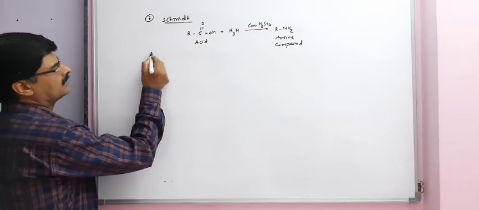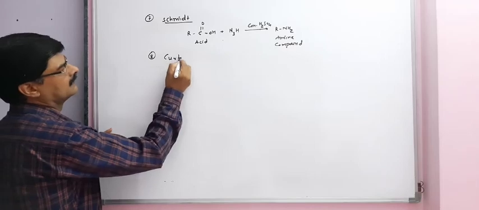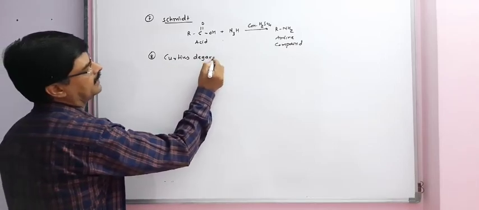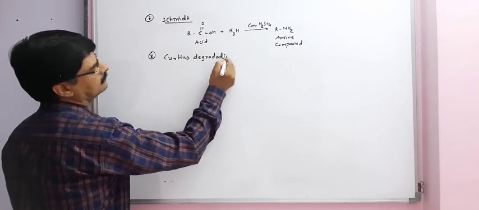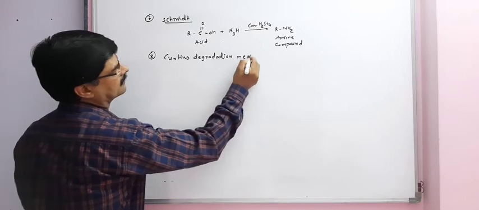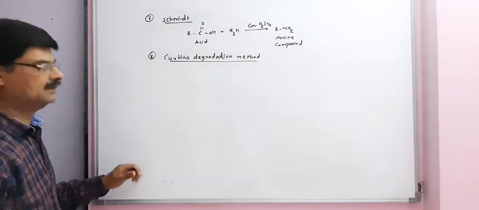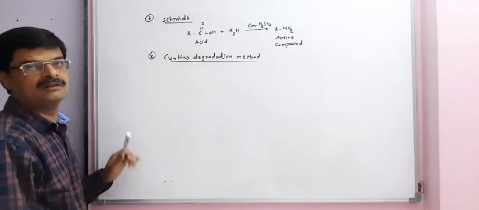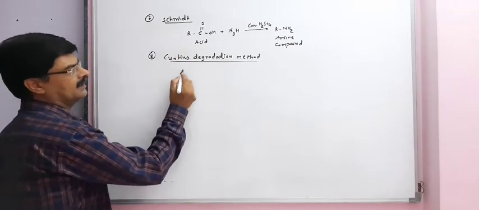Now the next method, method number 8, is known as the Curtius degradation method. In the Curtius degradation method also, acids are converted to amines, but the method is different from the Schmidt method.